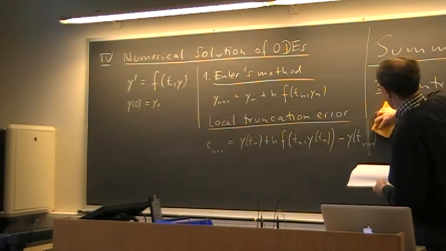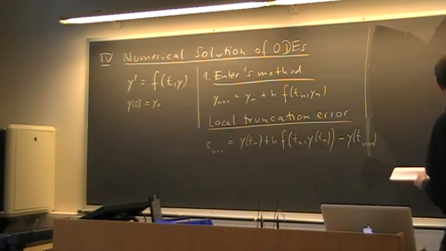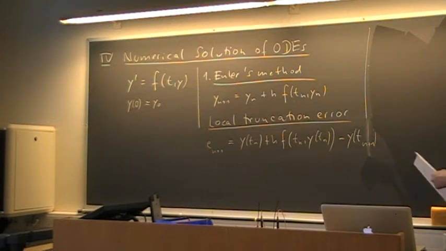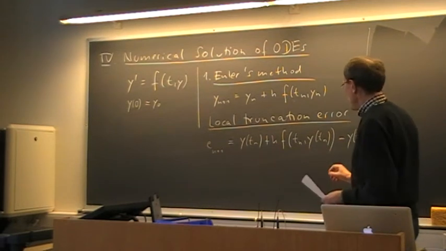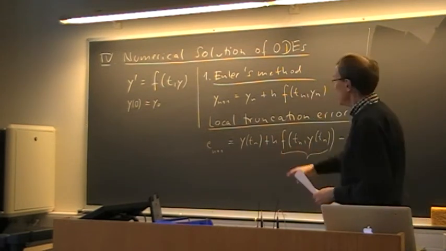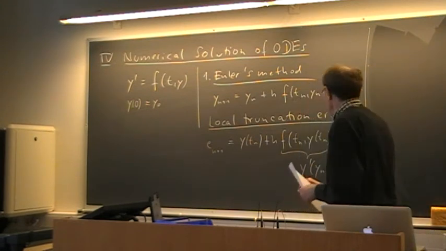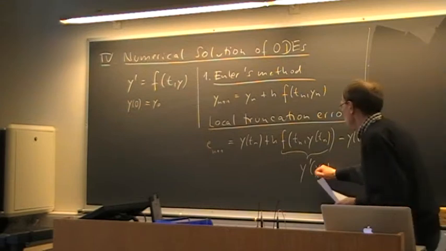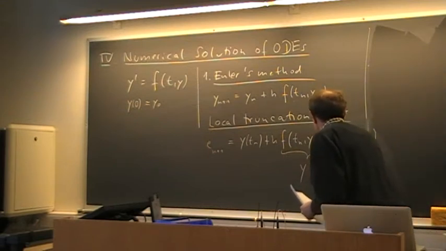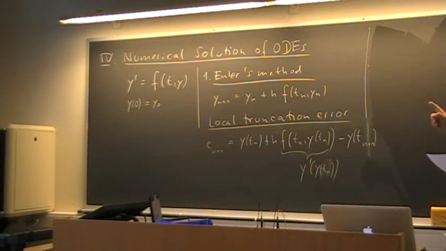And then we can do Taylor expansion and get the local truncation error. What we use there is that this here, according to our ODE, is equal to y prime at y of t_n, because we assume that we have an exact solution. Important is that we assume for this analysis, just for the local truncation error, that the initial condition is at the old time level.